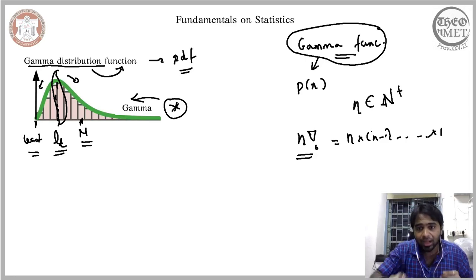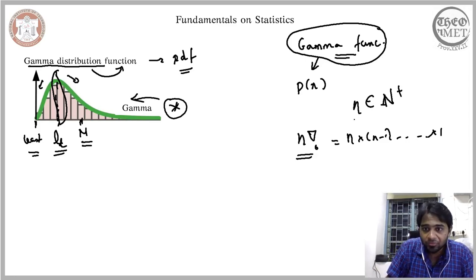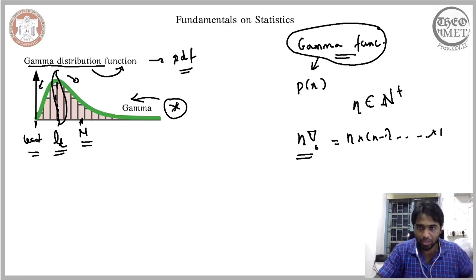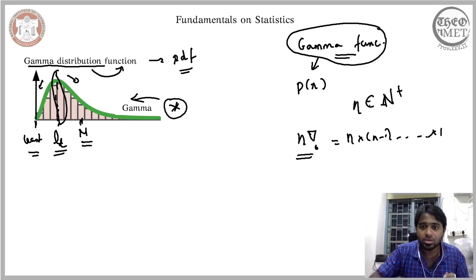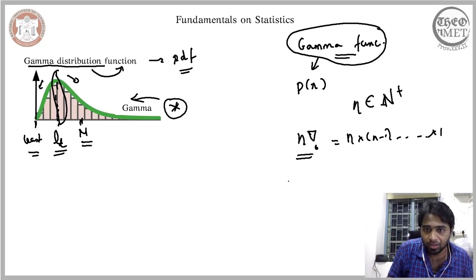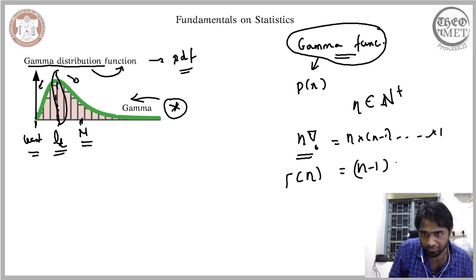Now, you have a quantity that can only assume a value that is a positive natural number, that is 1, 2, 3 and so on. The gamma function of this variable would be n minus 1 factorial.